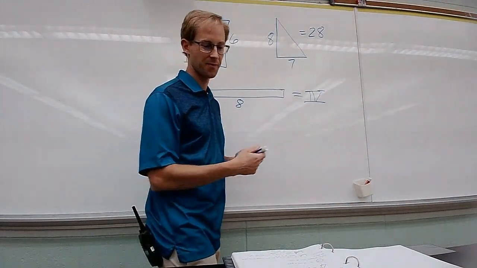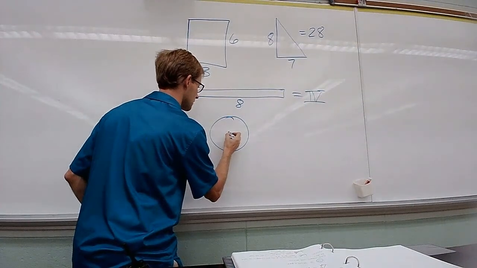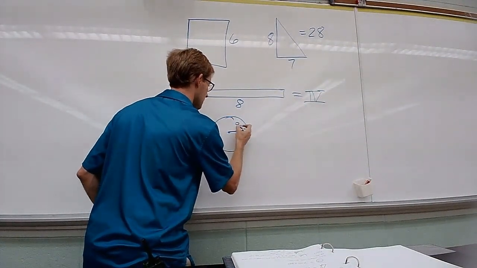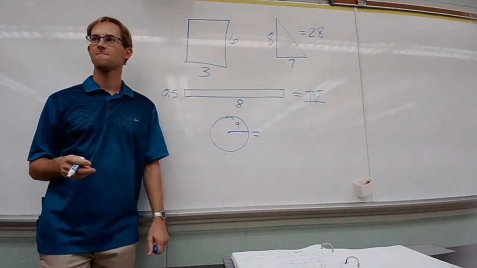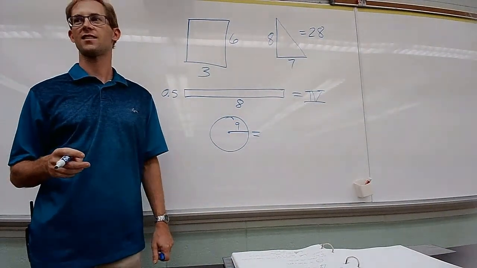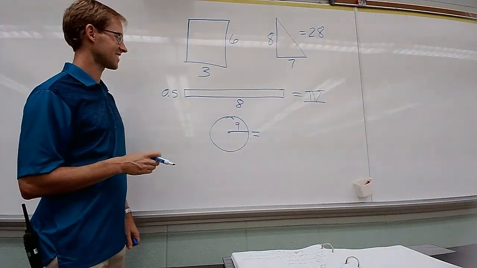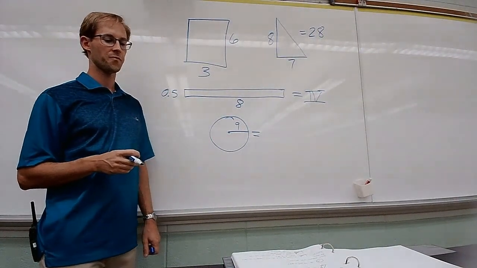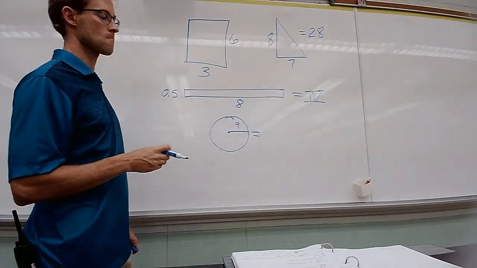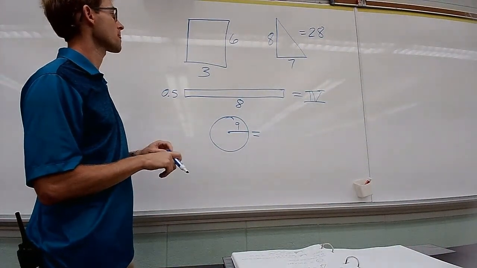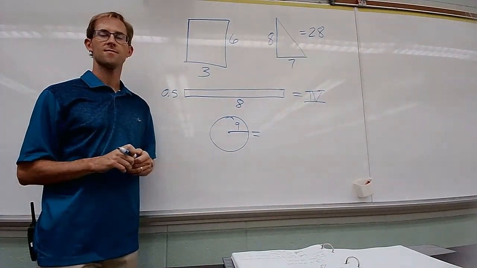So good. How about this one? He's giving us the radius. What is the area? 81 pi. What's the actual value? About 254. Can I just leave the pi?